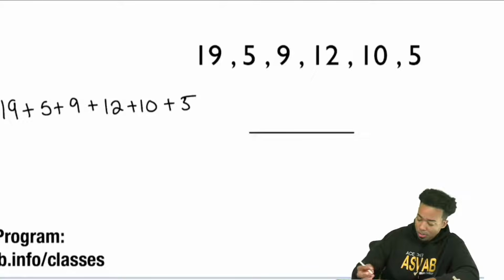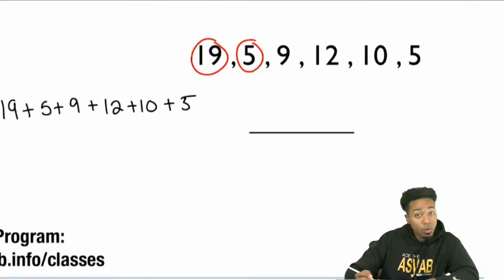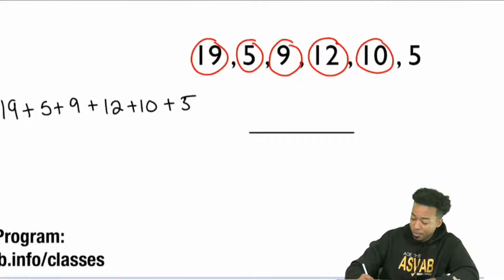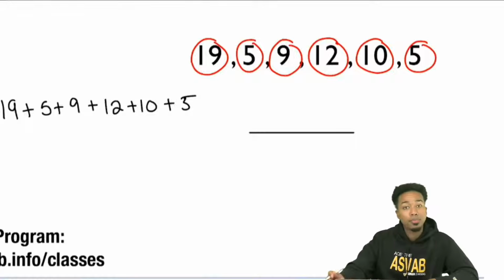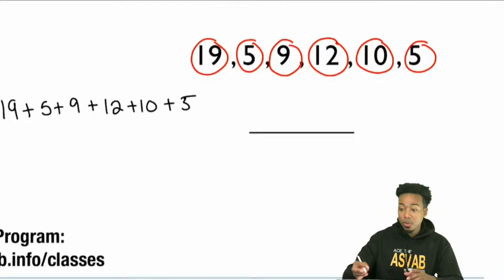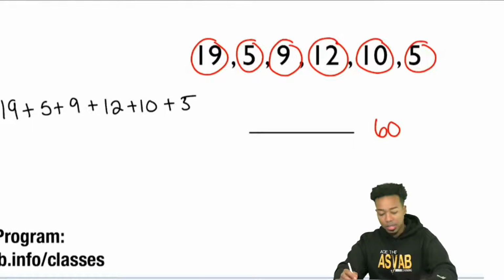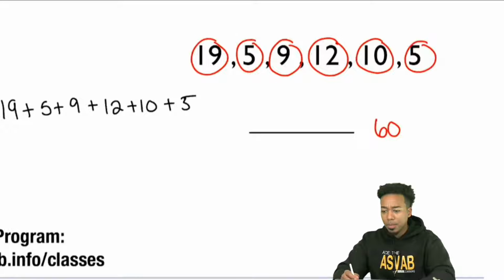We can start off and just say, hey, we have 19. If you want to keep going, that's 24, 33, 45, 55, 60. Again, with a little bit of mental math practice, that can be very quick and straightforward, and we can get 60 in that way.